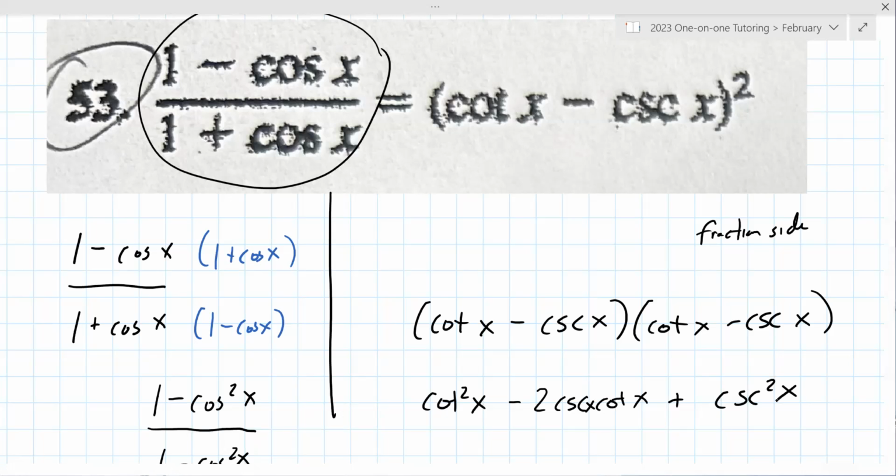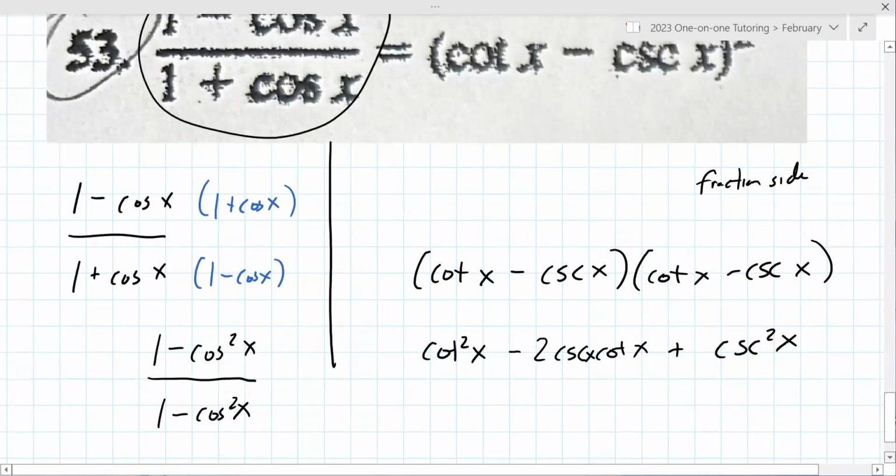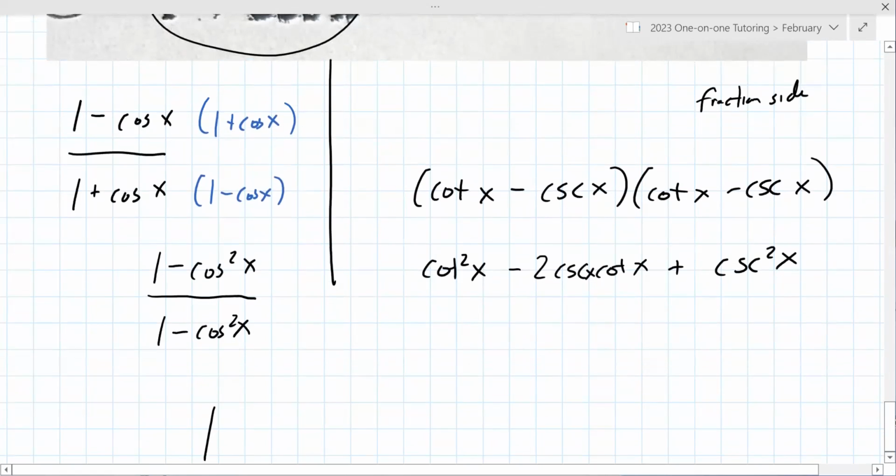Okay, so now we know this goes to 1 somehow. What do you see from here that might be useful?